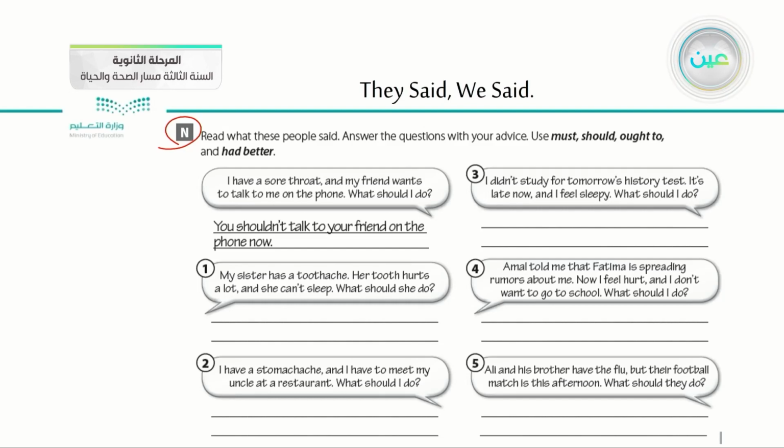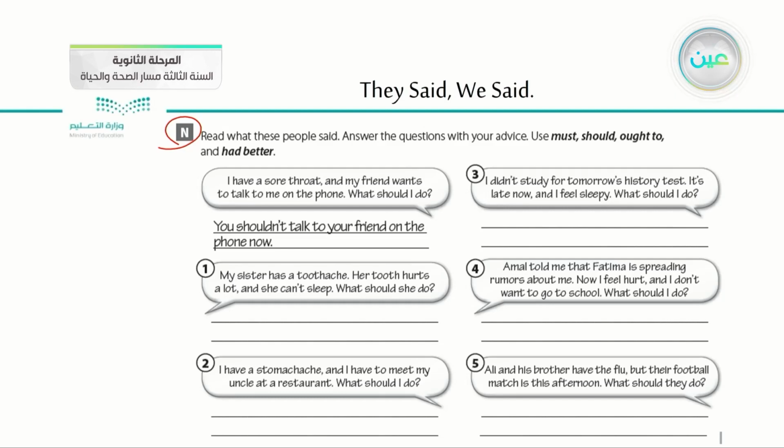You can use the words must, should, ought to, and had better. In number 1, I have a sore throat, and my friend wants to talk to me on the phone. What should I do? The answer here is you shouldn't talk to your friend on the phone now. Why? Because he has a sore throat.